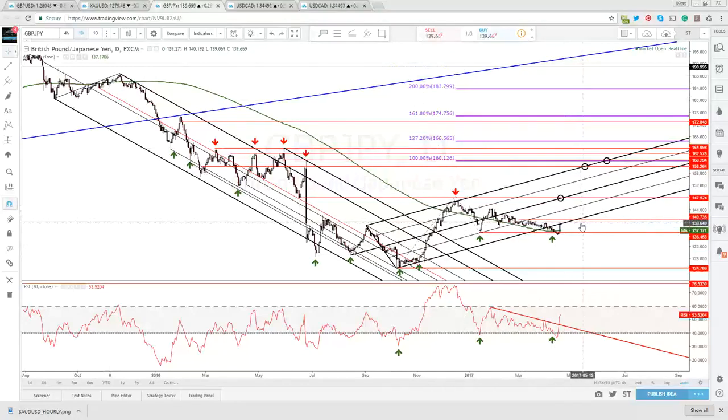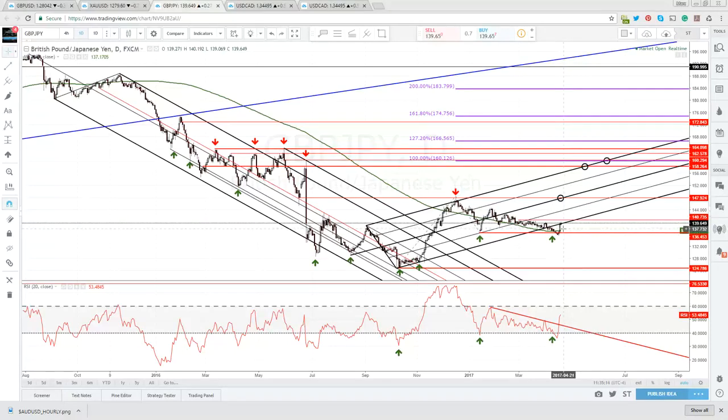A bit of a pause here, I'm guessing. We'll chop around in a 100, 200 pip range until the 200 kind of catches up.